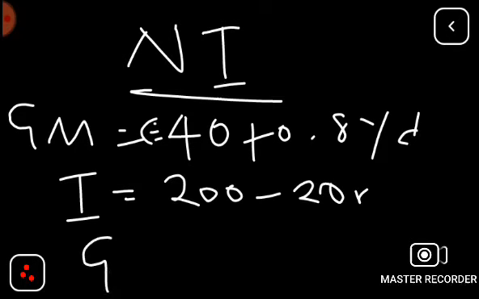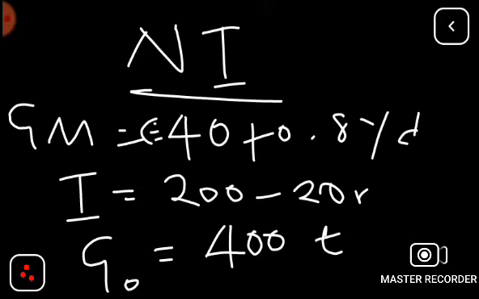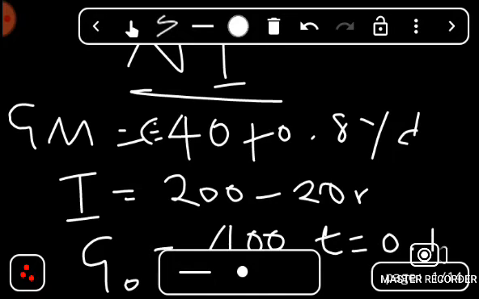We have G0, which just means autonomous government expenditure, but it has not much effect on our calculation. So it is 400, and T is equal to 0. Remember, the small t has come here, and that is the goods market.